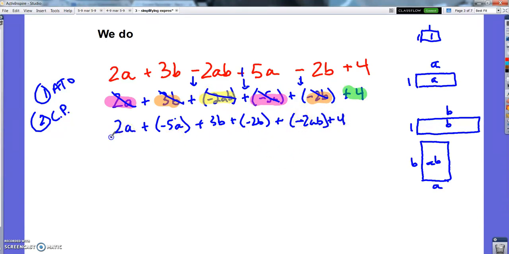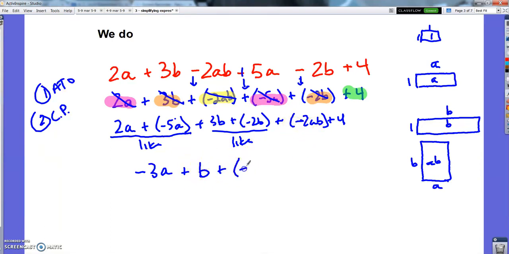And now I can combine. These are like terms. These are like terms. No like terms for that. No like terms for that. So 2a plus negative 5a is going to be negative 3a, plus 3b plus negative 2b is just 1b. I can just write b. I don't have to write the 1. I can write the 1.